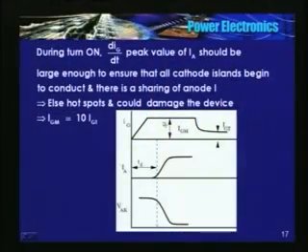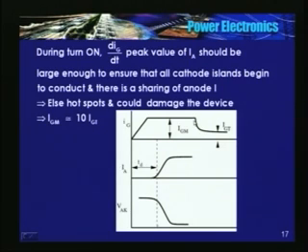See, the waveform looks something like this. A high gate current. So the anode current has attained a steady value. After some time, TD, what is known as the delay time, the voltage across the device also has reduced to its saturation value.